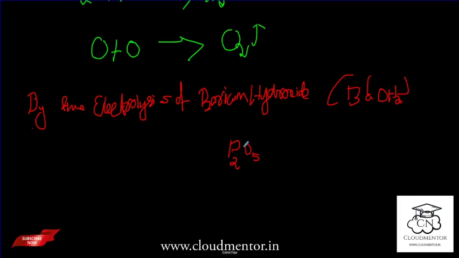The H2 gas formed is finally absorbed over palladium foil, and from here it can be recovered whenever required by heating it to dull red heat.